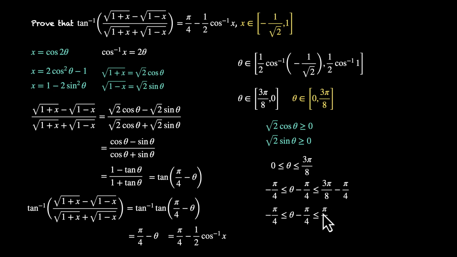So pi by 8. Now flipping the sign, we have pi by 4 minus theta from minus pi by 8 to pi by 4. And this also works. This is well within the range of tan inverse. That's the first quadrant and fourth quadrant, minus pi by 2 to pi by 2. This value is within that range. So this also works. We can cancel this out when x belongs to this set.